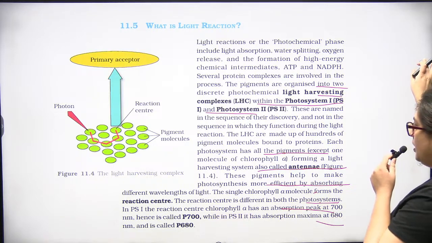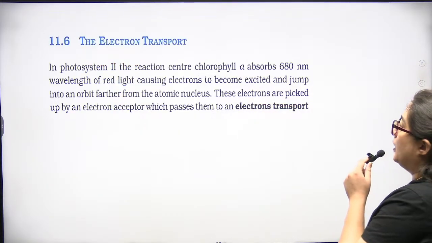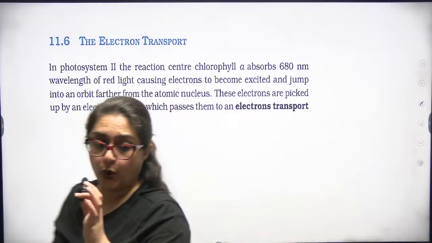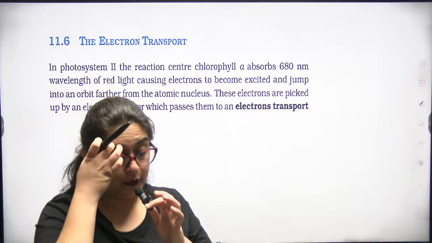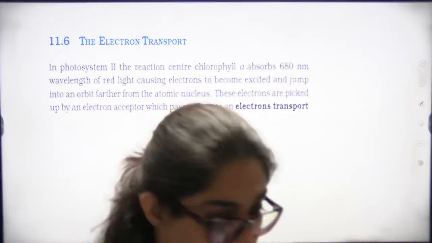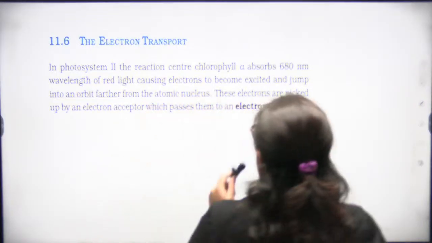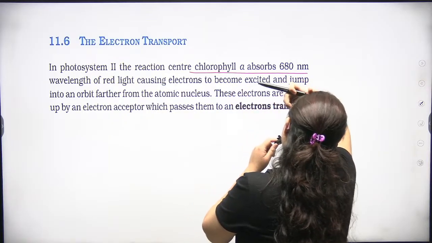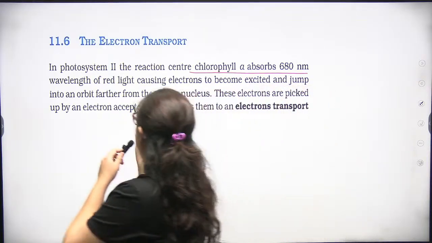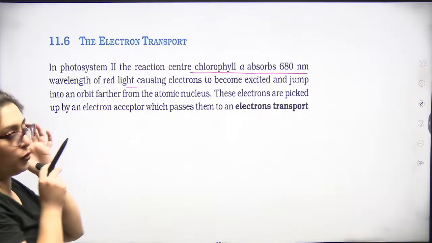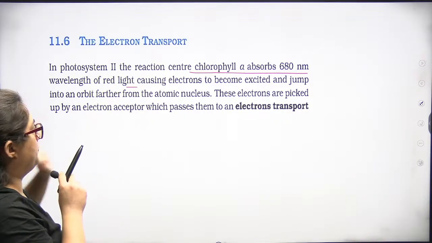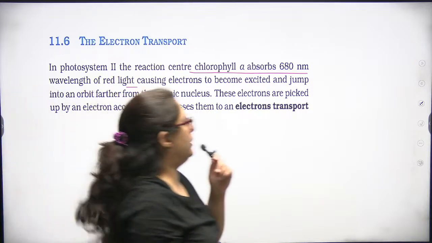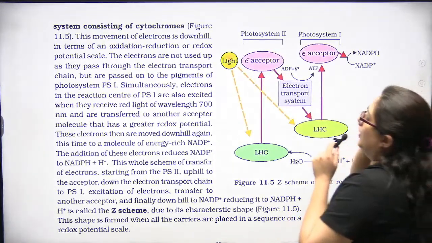The same for P680. What do you mean by electron transport? In photosystem 2, the reaction center chlorophyll a absorbs 680 nm wavelength of red light, causing electrons to become excited and jump. These electrons are picked up by an electron acceptor, which passes them to the electron transport system.